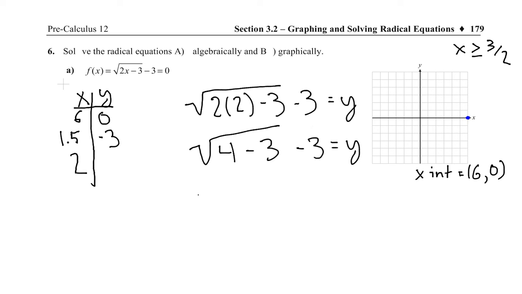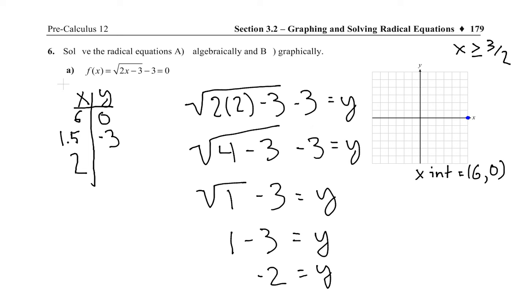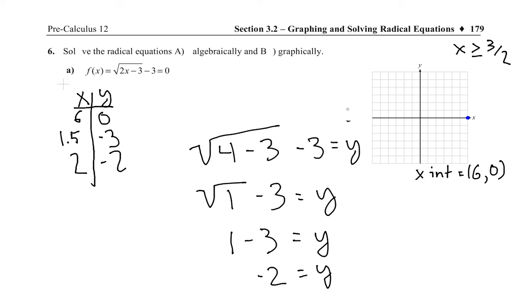So then we have the square root of 1, which is 1, but we'll do that in another step just so we can be clear. So square root of 1 is 1, minus 3 is equal to y. So when x is 2, y is negative 2, 1 minus 3, negative 2. So now we can also write that. Obviously, you can do any point that you want that is greater than 3 over 2.